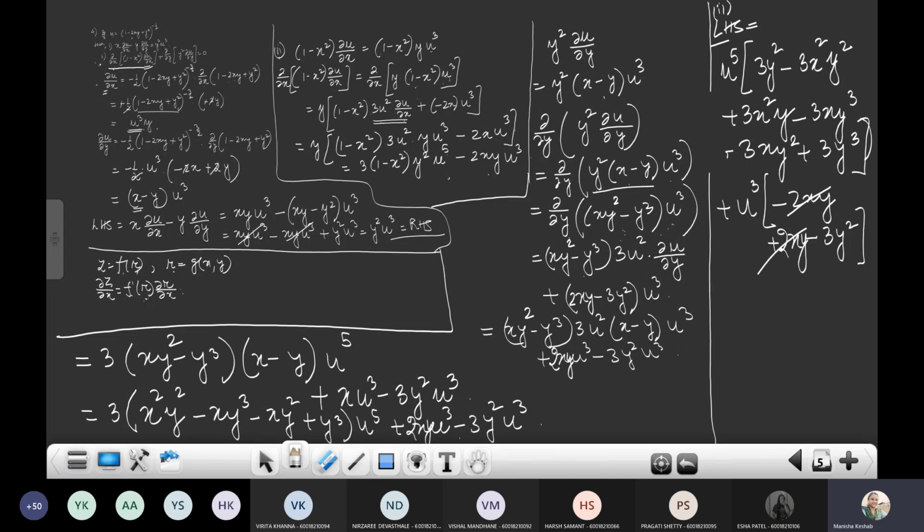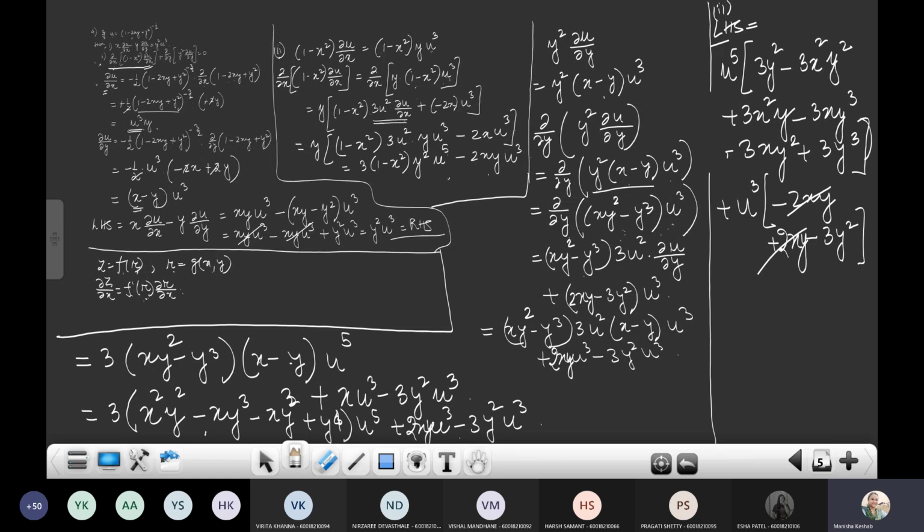Then we will be having minus xy cube minus xy cube, and here we will have y cube and y. So y power 4. Just simplify this. X square y square, then minus xy cube, then minus xy cube plus y power 4.